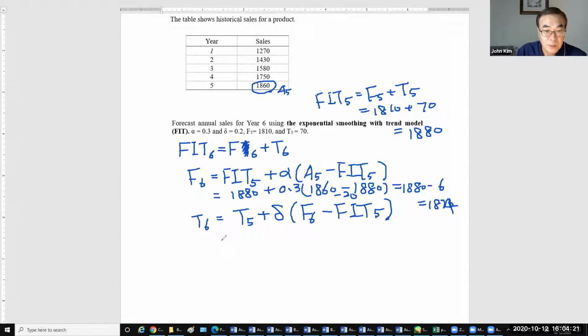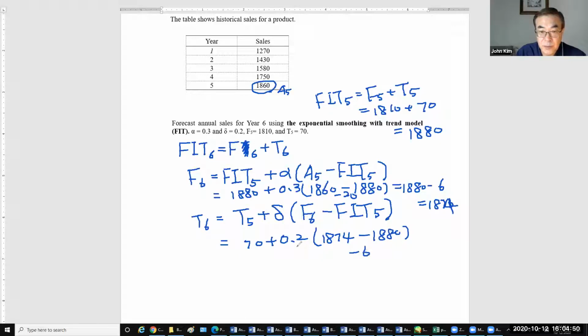And then this one equals T5, 70, plus delta is 0.2. The F6 is 1874, minus FIT is 1880. So this part is negative 6.